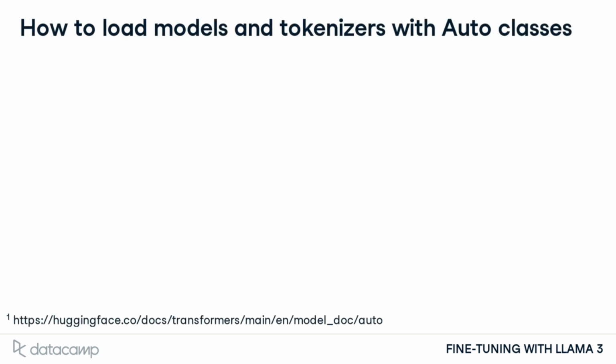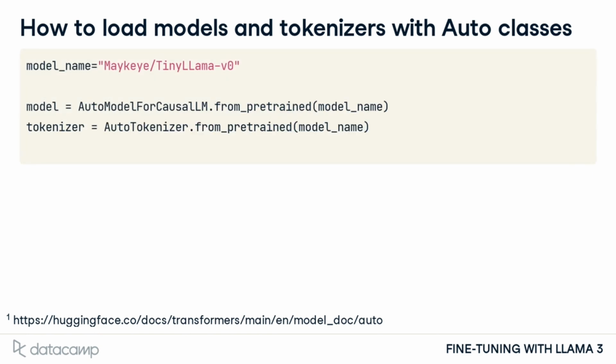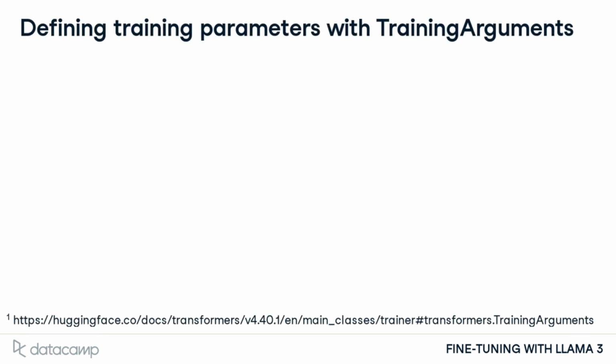First, we load the model and tokenizer from Hugging Face Hub using AutoModel and AutoTokenizer. We set the pad token to the end of sentence token to stop token generation when a sentence is finished. Let's configure training arguments using Hugging Face's TrainingArguments helper class.